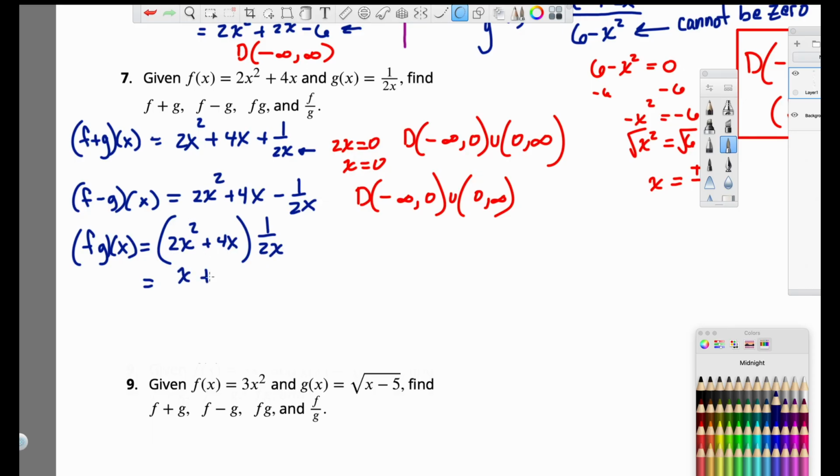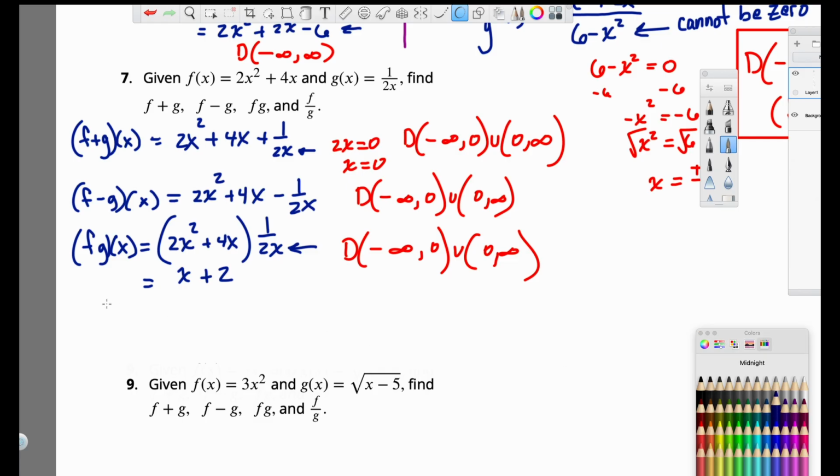And this will cancel a 2x out of this, and leaves us with 2. Like 4x divided by 2x is 2. And you might say, oh, there's no divide by 0, but there's the divide by 0 in the beginning right there. So we still have to take that into consideration and say, yep, we multiply, it ends up canceling that denominator, but we still have a domain restriction. Even though that canceled, we have to consider that a hole. Okay, so it's still the same as the other ones.